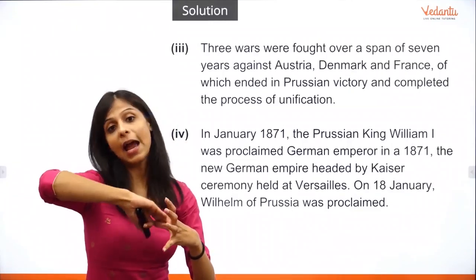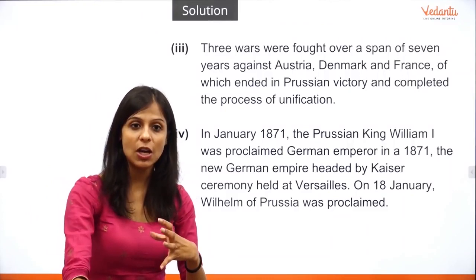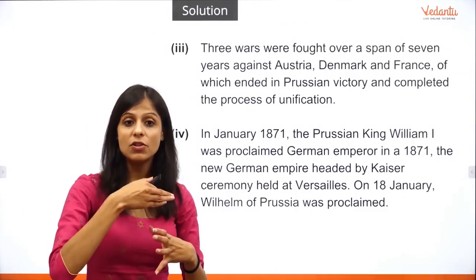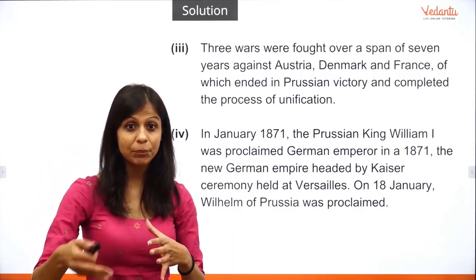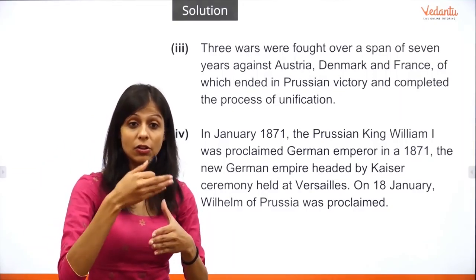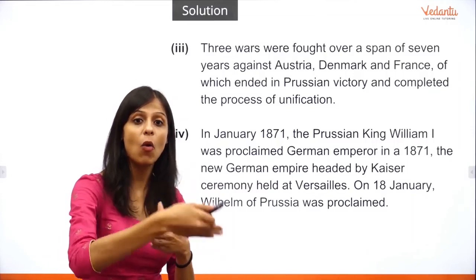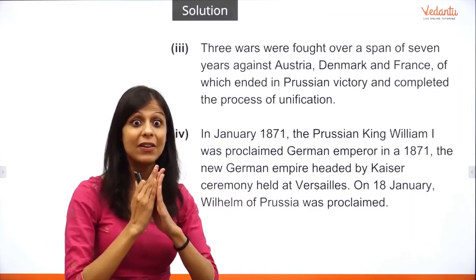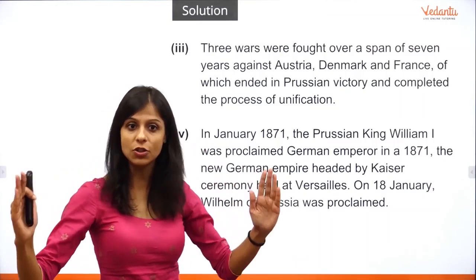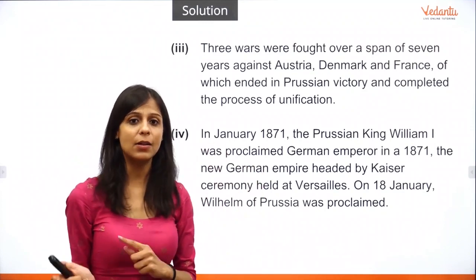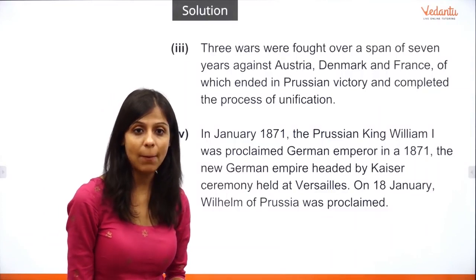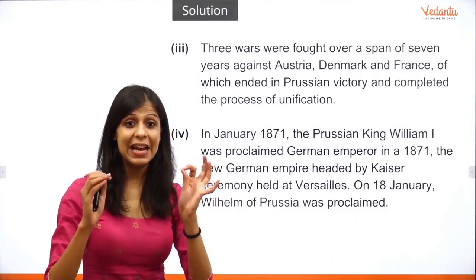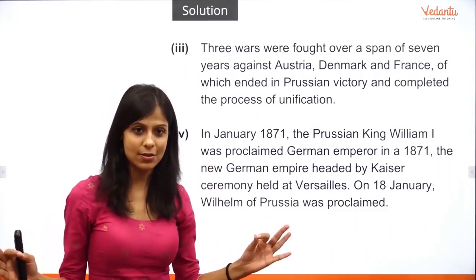They had to wage wars against Denmark, Austria and France. It was 3 wars that were fought over a span of 7 years. A long story, but these people were determined to overcome all the upheavals.